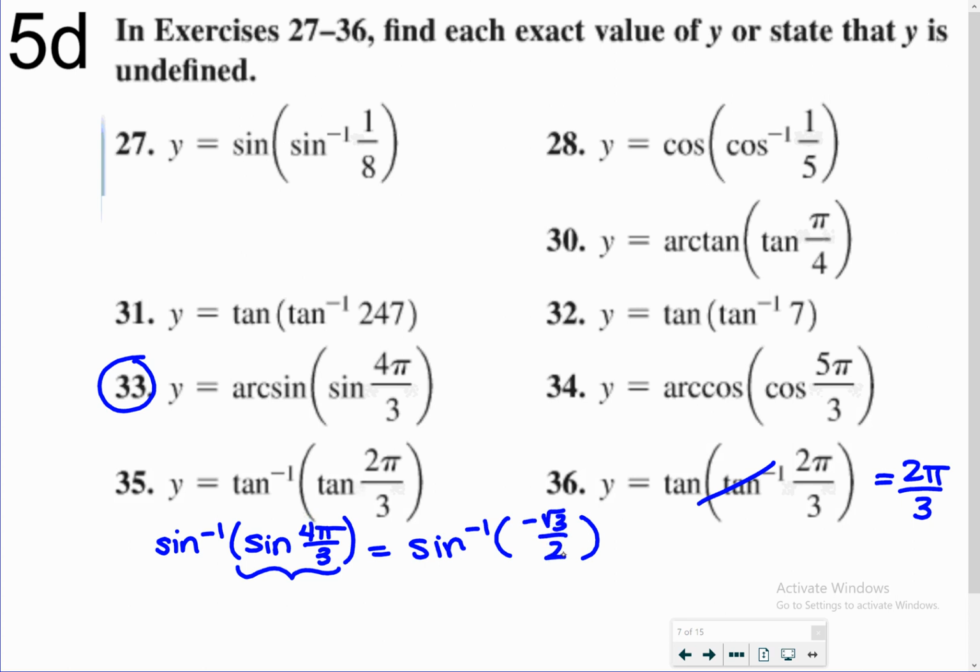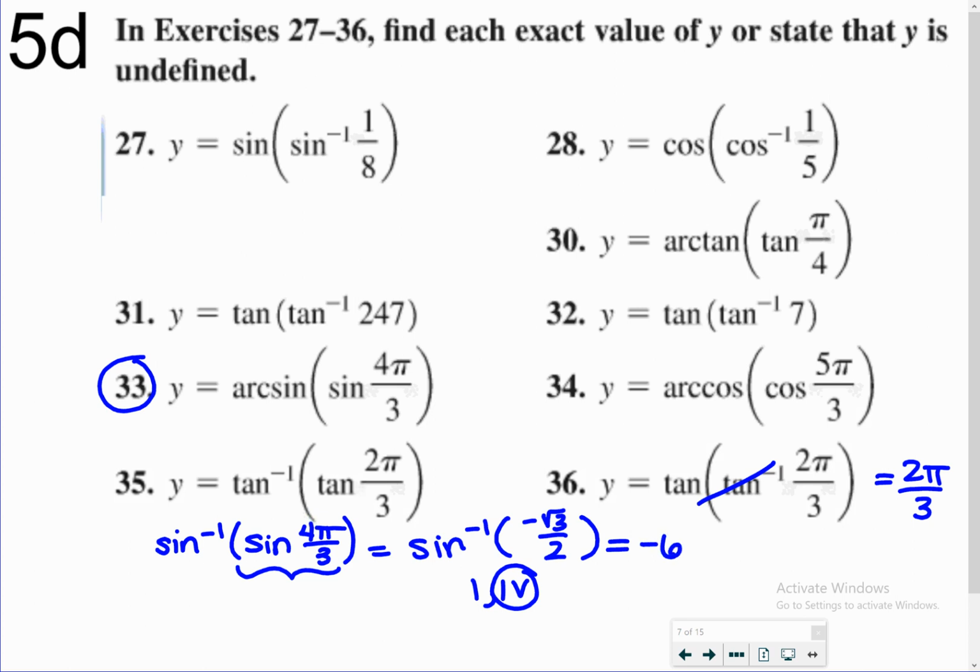Okay, now it's an inverse sine question. So now we have to think about what quadrants we're allowed to get answers in. Inverse sine is in what 2 quadrants? 1 and 4. But the sign is negative, so quadrant 4. Where in quadrant 4 do you have a y coordinate of negative rad 3 over 2? Negative 60 degrees.